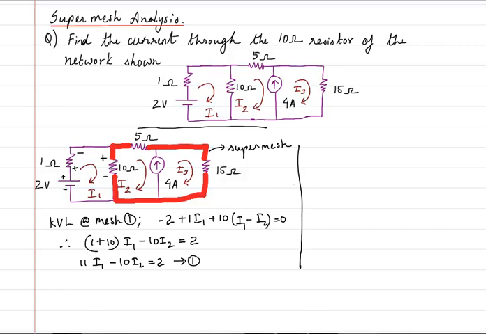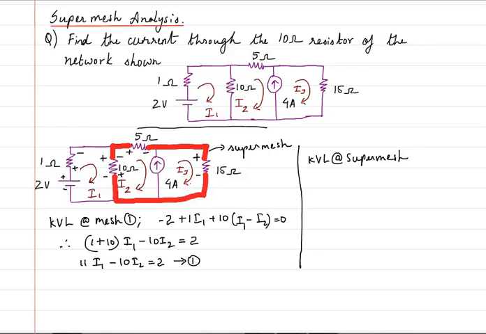Okay, now for the second one I will write the KVL at the supermesh. So basically I will write the polarity. Since the current I2 is like this, it's plus minus here. The polarity here will be plus minus here. Here the current I3 is flowing from top to bottom, so plus minus here.